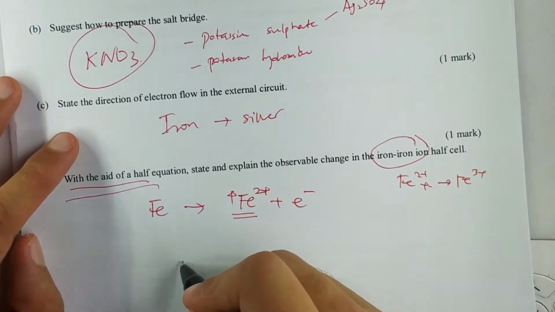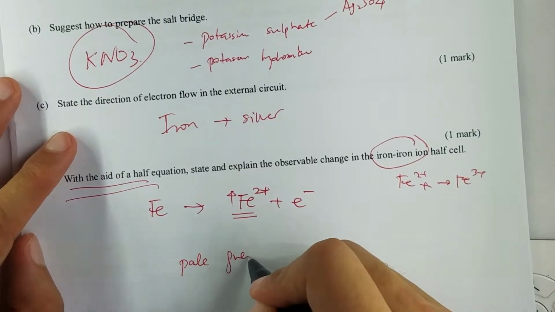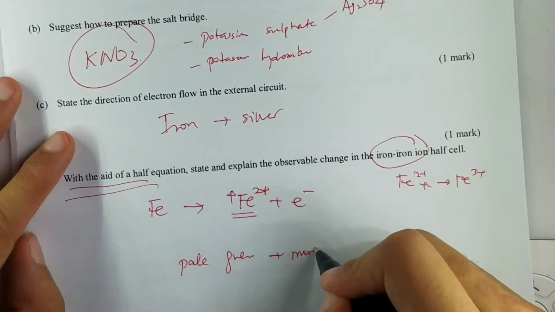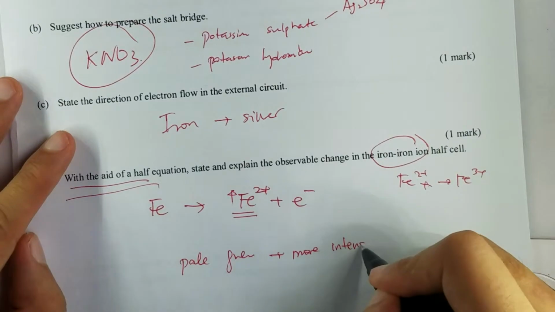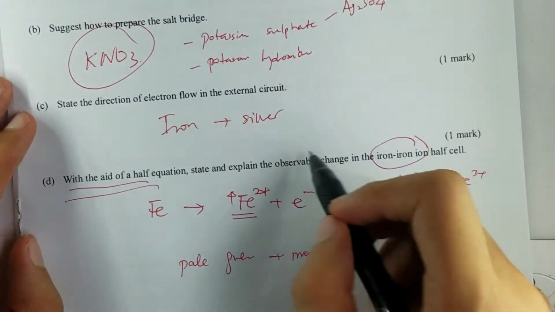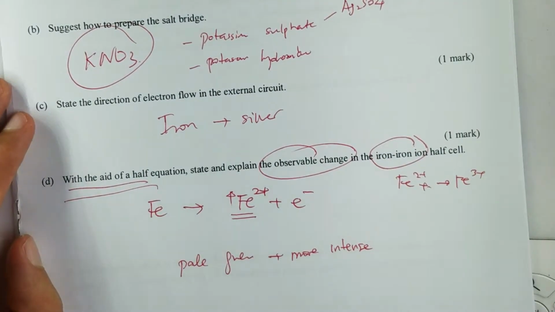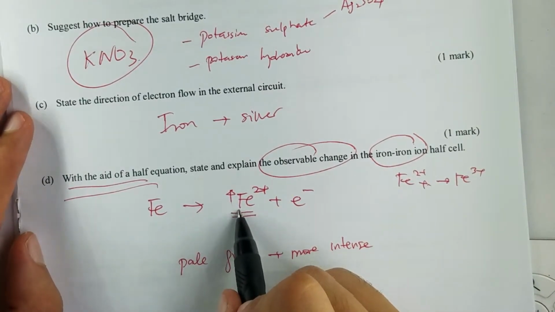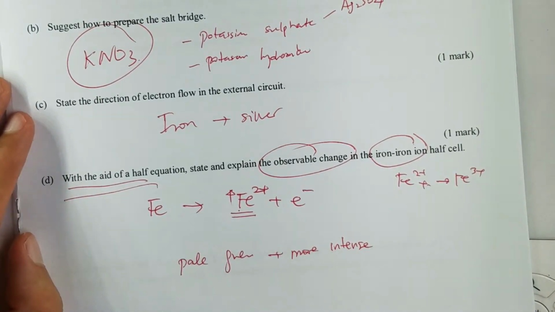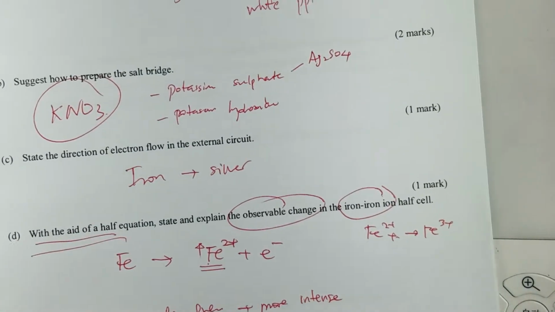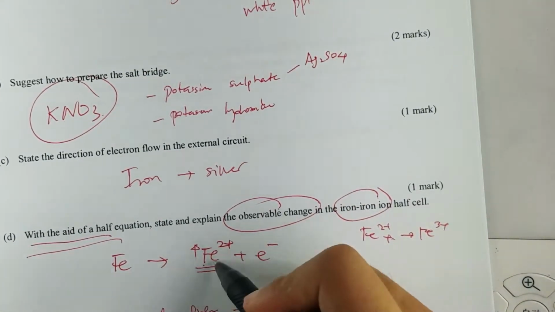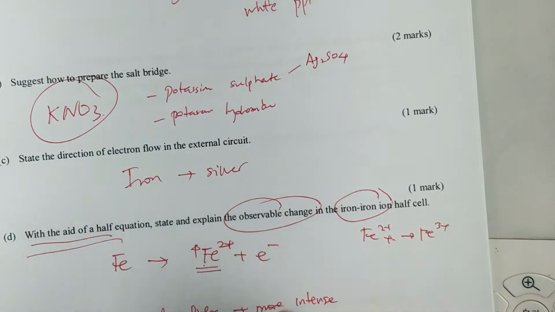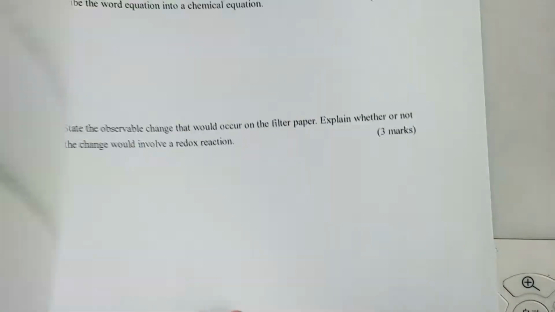So that means the color pale green will become more intense. And that's the observable change over here. All right, because there's a high concentration of iron 2 formed, therefore the solution becomes more intense. That's why you get 3 marks. So 1 mark for the equation, 1 mark for saying increase in concentration, and 1 mark for more intense.